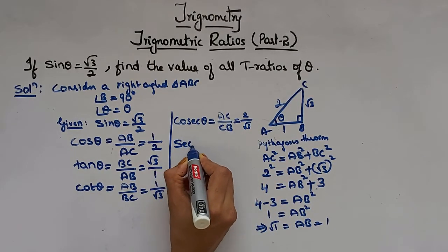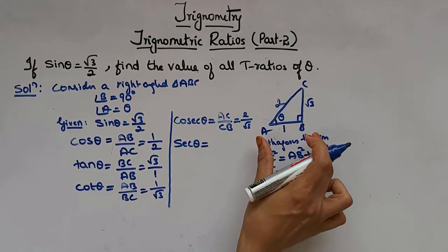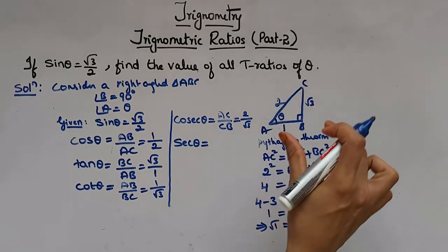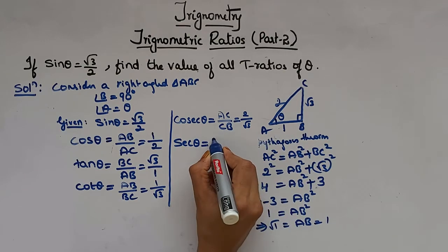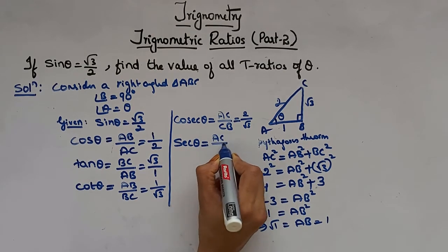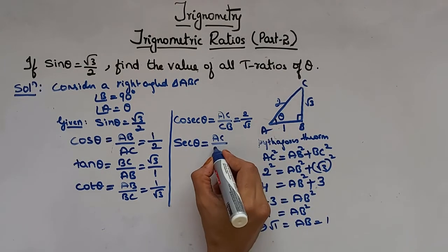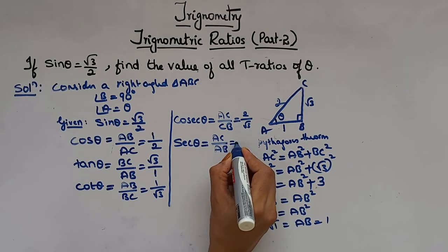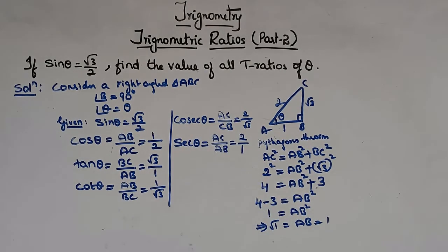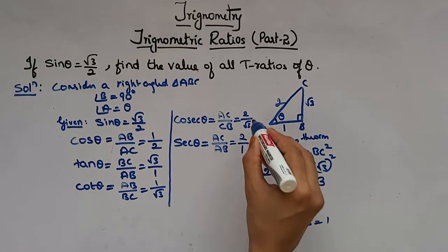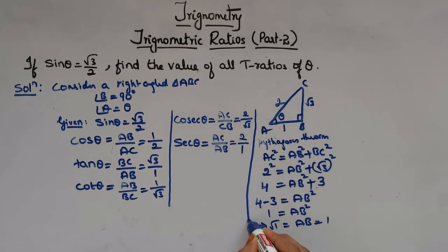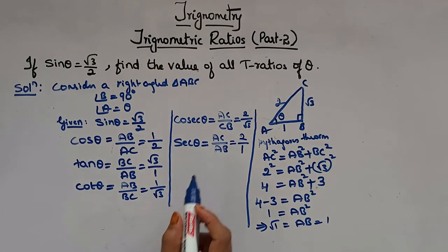And we have secant theta, which is equal to hypotenuse by AB. So hypotenuse is AC, adjacent is AB, which is equal to 2 by 1. So we got all the trigonometric ratios of theta, right?